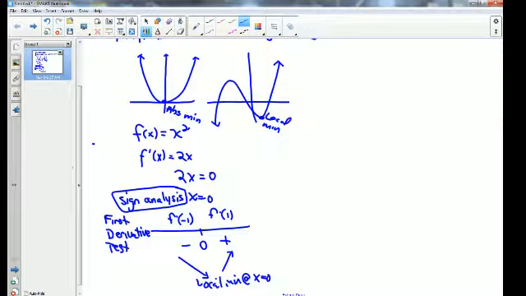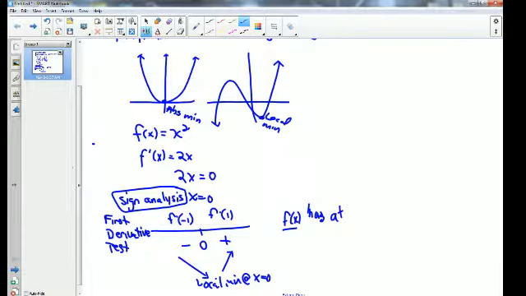If you're describing this on a free response, you would say f of x has, okay, do not put it, you will get it wrong. You're losing a point if you put it.